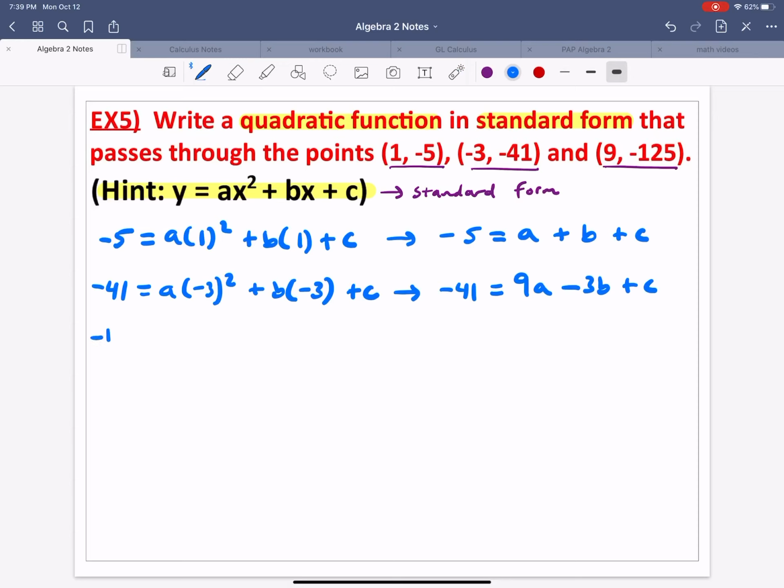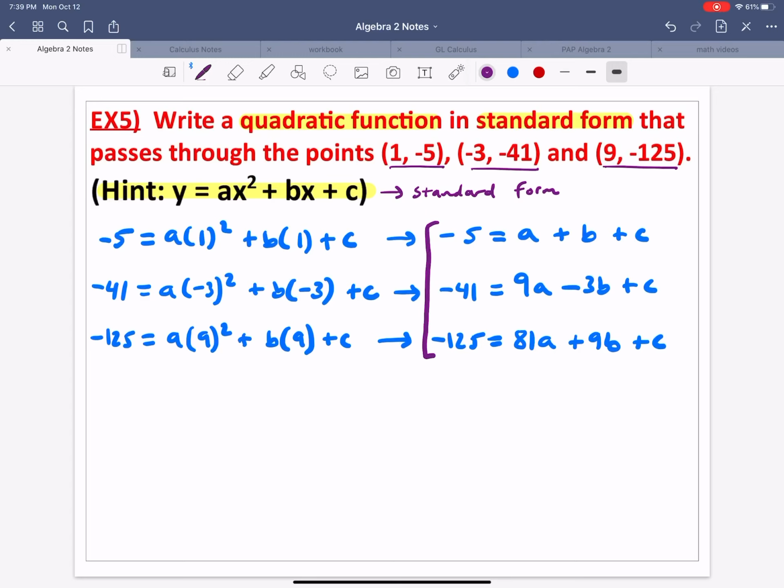We're going to plug -125 in for y, and we're going to plug 9 in for x. And we're going to clean that up. So we have -125 equals 81a plus 9b plus c. So what we have here is a new system of equations.